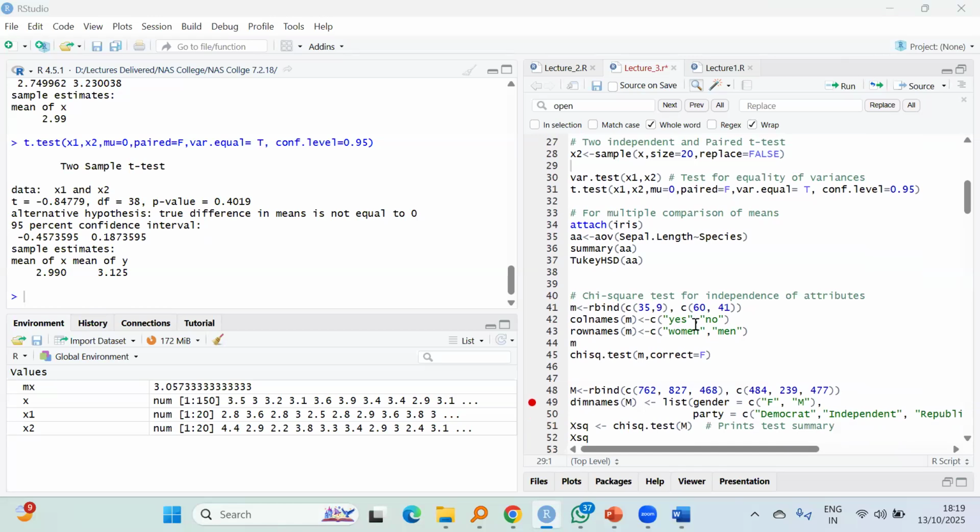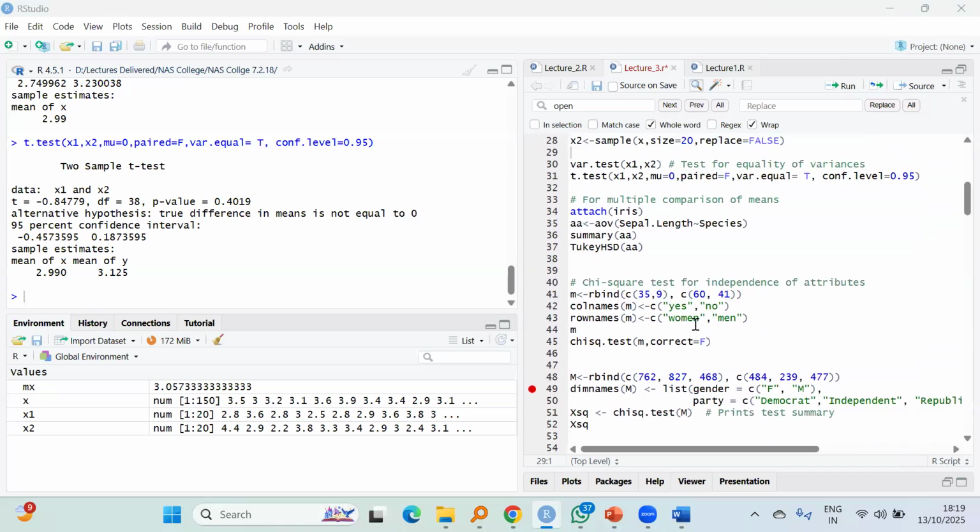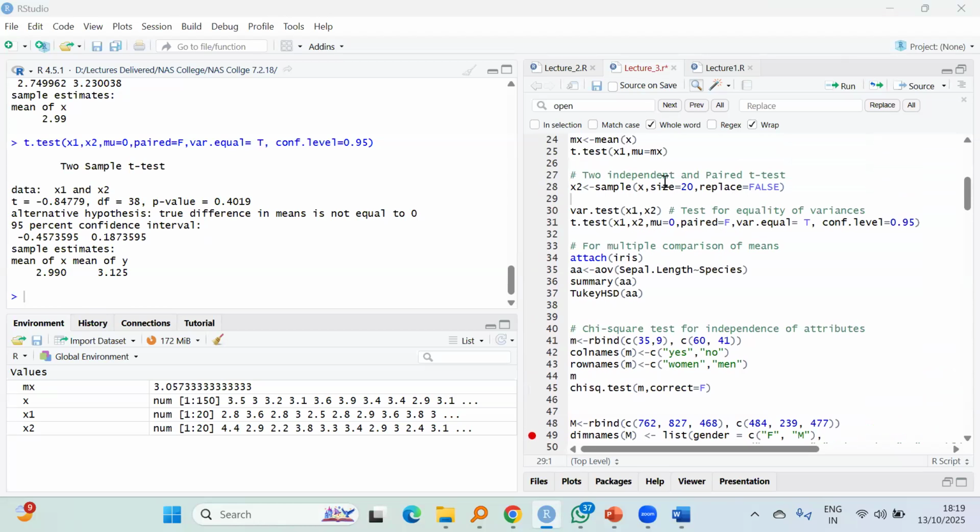Now just see. So in place, suppose we do not have equality of variances, then we will use where dot equal is false.